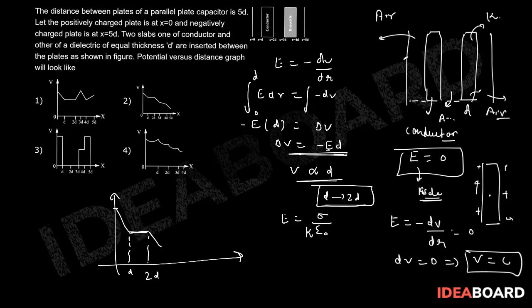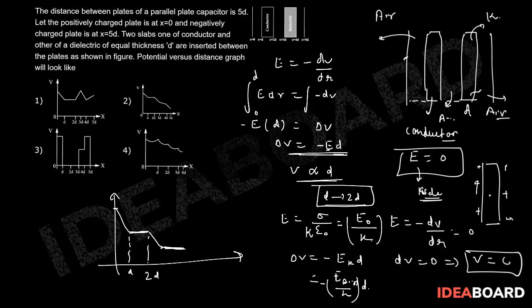But for the dielectric, E will be sigma upon epsilon naught into K, which means E air divided by K. So basically the value of E is less. So delta V this time will be E air divided by K into d. So the slope value is reduced, and it will have a slope like this.